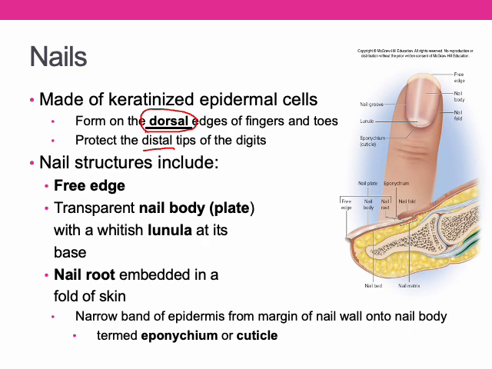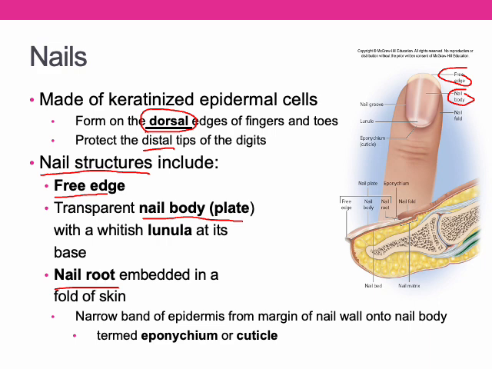Next, let's talk quickly about the structures of the nails. There are three main structures for the nails. There's the free edge, which is the part that's sticking out of the nail. There's the transparent nail body or plate, and you can see it right here in this image. And this is the free edge up there, and also the nail root, and the nail root is embedded in a fold of skin.